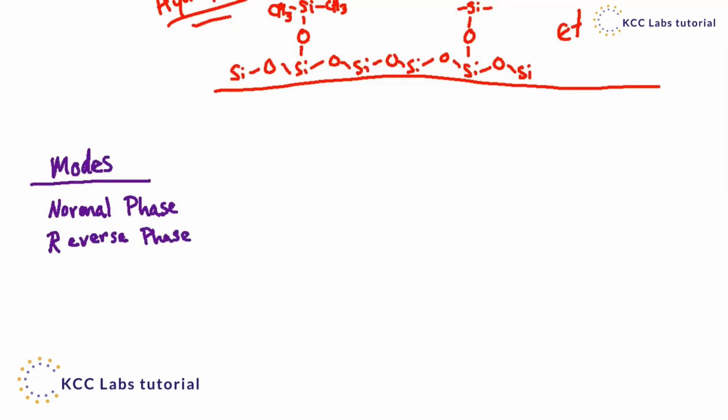Okay. Then you've got some other ones when you start dealing with ion pair. Okay, so you can have an ion pair, and you can also have an ion exchange phase. And then one of the last ones that sometimes gets mentioned is you can also have a size exclusion chromatography.